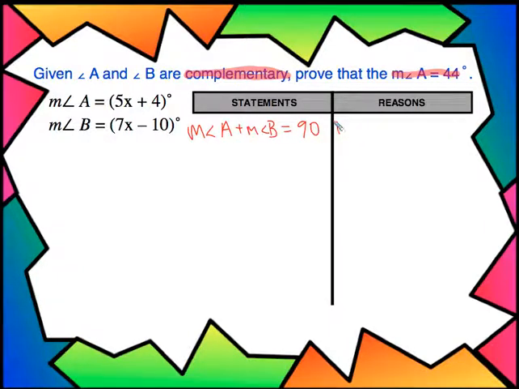So this is definition of complementary angles. So you can write def complementary angles. Then we have 5x plus 4 plus 7x minus 10 equals 90. That's substitution.